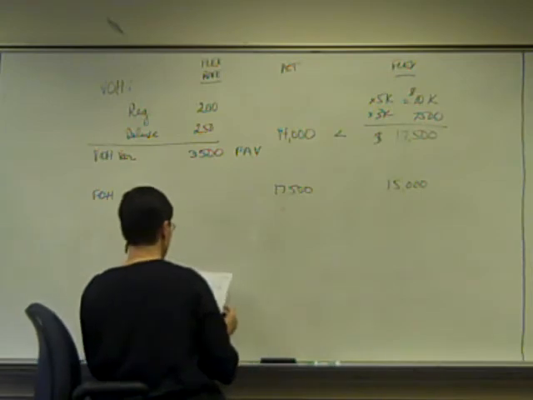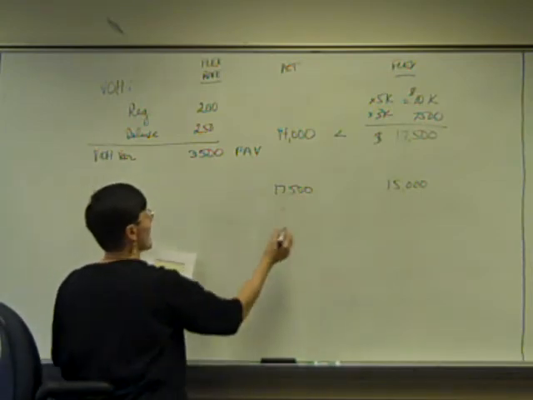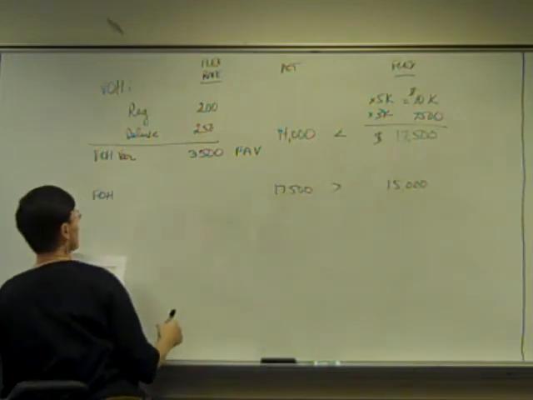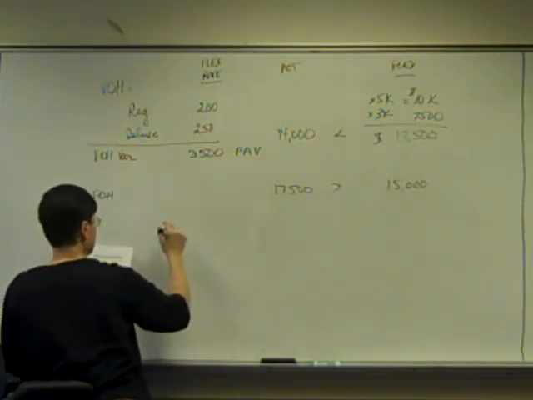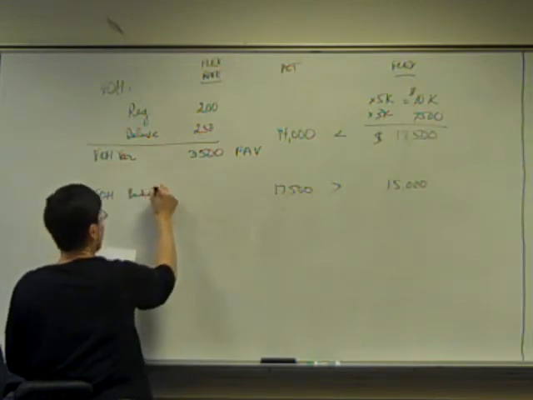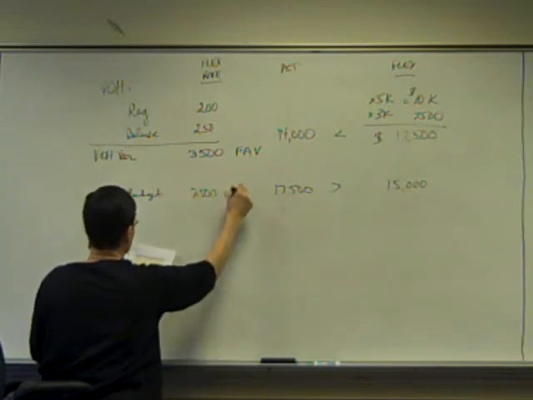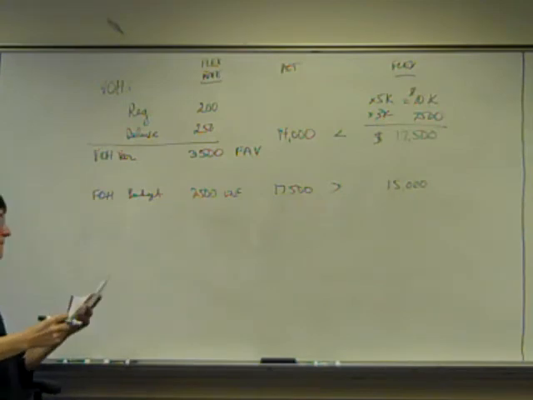So we have an unfavorable fixed overhead variance. Actual is greater than flex. A fixed overhead budget variance of 2,500 unfavorable.